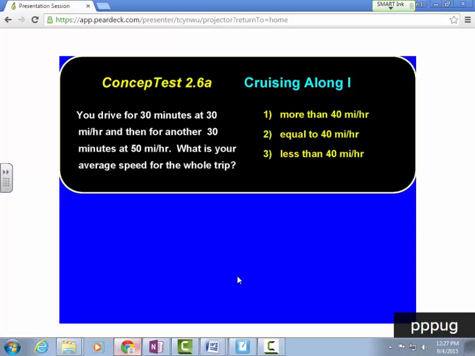Should be totally obvious. Anyone? Why can you look at that and say 40? Spend half your time going 30, half your time going 50. Correct.